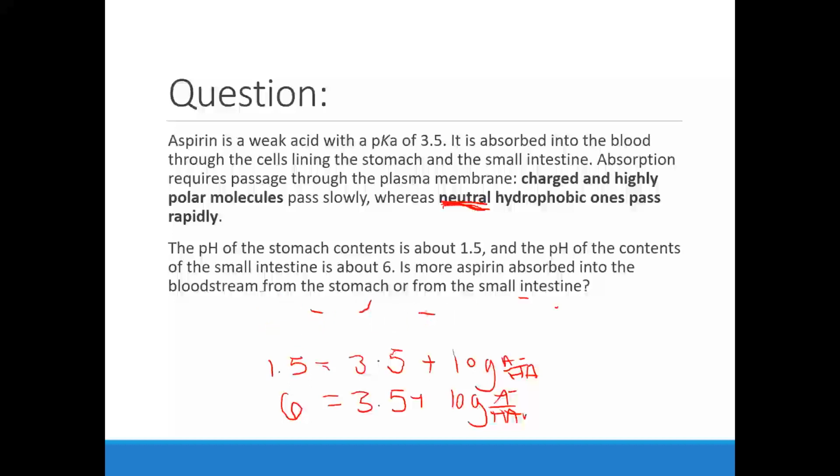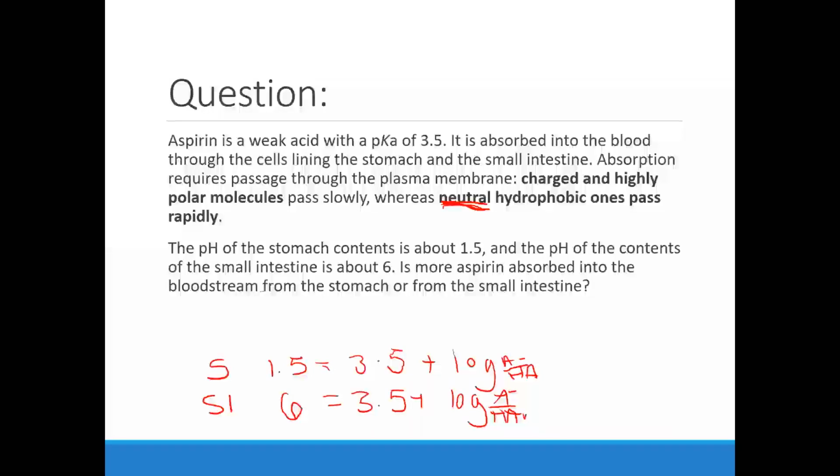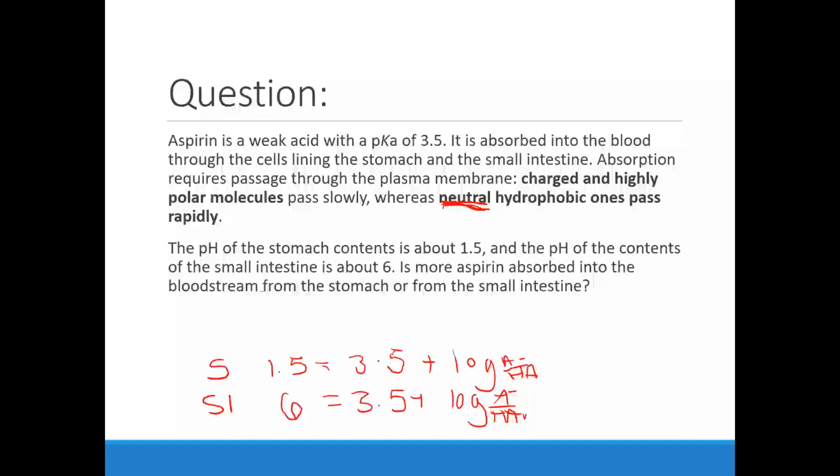Doing a little math here, we're going to rearrange the Henderson-Hasselbalch system. This is the stomach, and this is the small intestine. In our stomach, if we rearrange this, let's subtract out this number.